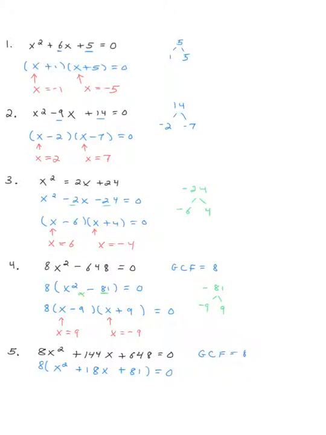I'm guessing that for this problem, for a +81, I'm going to use 9 for both factors. This equation factors as x plus 9 times x plus 9, which you could simply write as 8 times x plus 9 squared. And really this means there's only one number that makes the equation 0. It would have to be x is equal to -9.